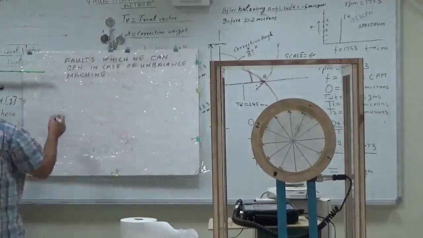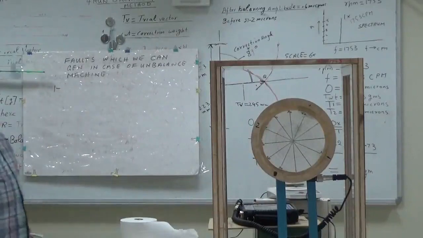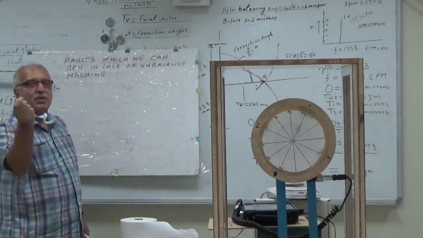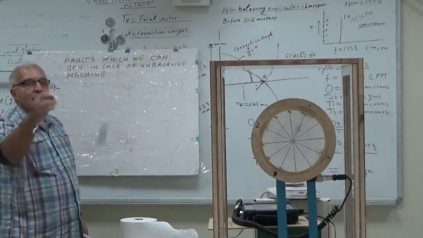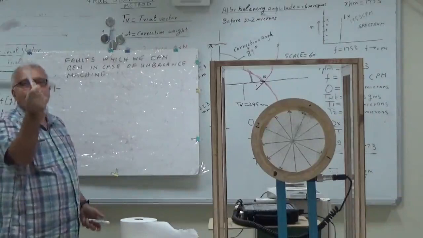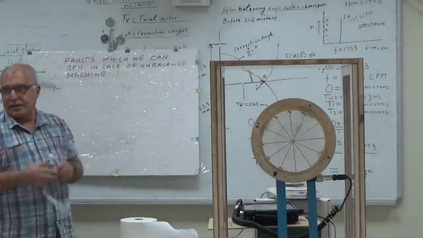Number 1 fault: when the machine is running, there will be unbalanced weight which will try to pull the rotor away. Like this, this is a weight. If I rotate it, there will be a force on my hand. This weight is pulling my hand.